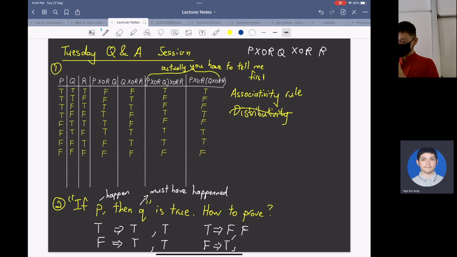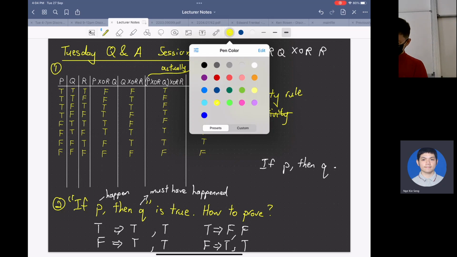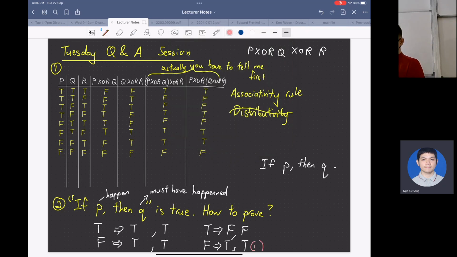So false implies true is true. You know why? Because let's say you say that if P happens, then Q must happen. But in this case, P is false, so it doesn't happen, but Q still happens. So why is this statement true?